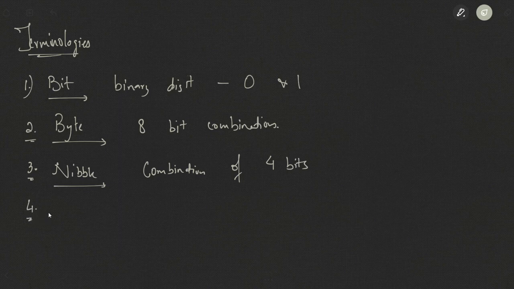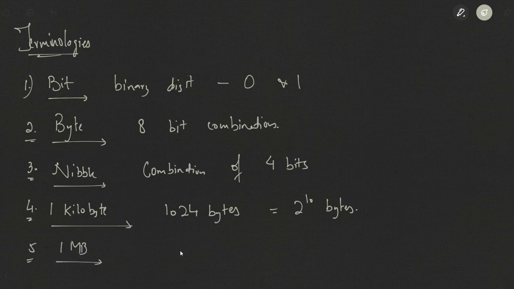You have 1 kilobyte. Kilo here does not mean 1000 bytes. It means 1024 bytes. Or in other words, you can say 2 raised to power 10 bytes. You have 1 megabyte.